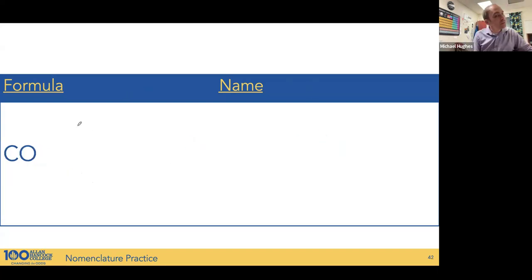Is there a metal? No. We've got carbon and oxygen. Neither is a metal, so we're going to be using prefixes. Mono for the prefix for 1 carbon. Mono for the prefix 1 for the oxygen. But if mono is on the first element, we drop the prefix and we just put the element named carbon. And then monoxide.